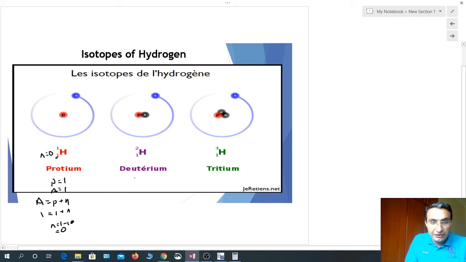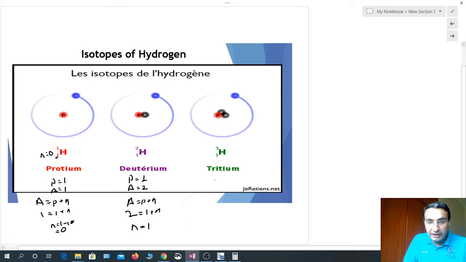When it comes to deuterium, P is also the same because these are the same element. According to the definition of isotopes, they have the same atomic number but different atomic masses or different numbers of neutrons. So the value of A, atomic mass, is 2. According to the formula P plus N, 2 is equal to 1 plus N, so N is 1.